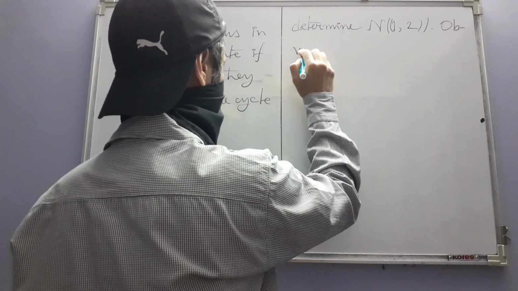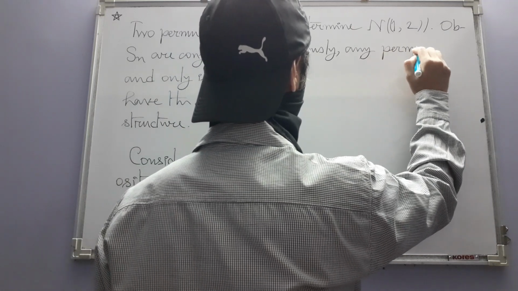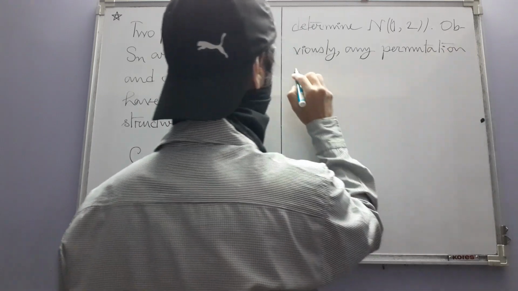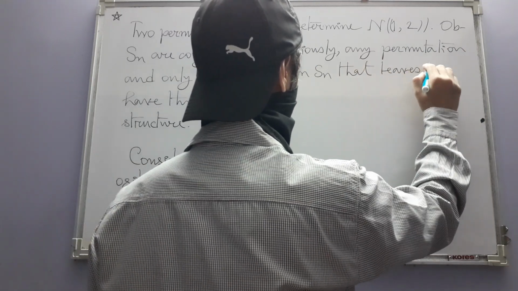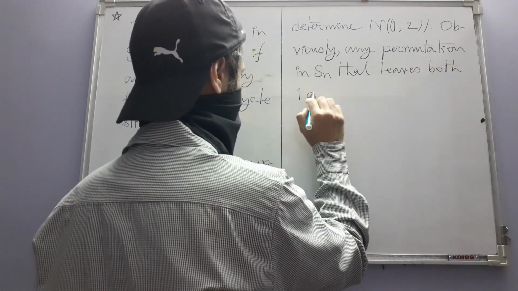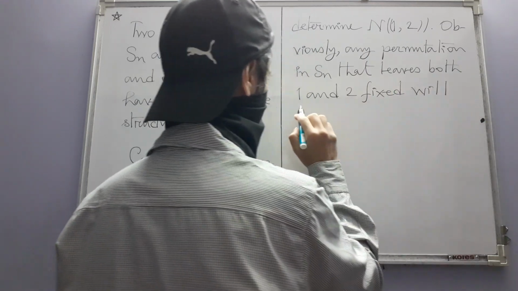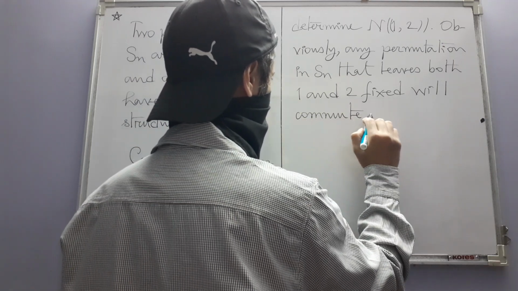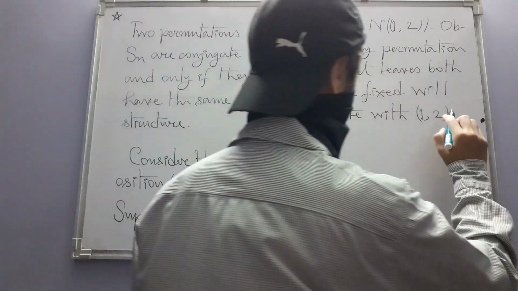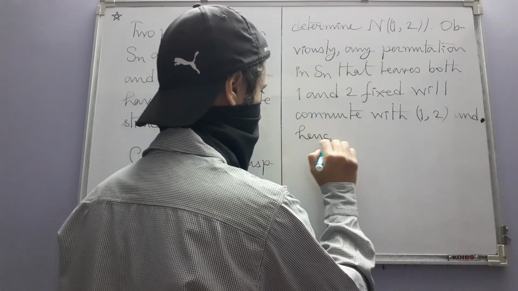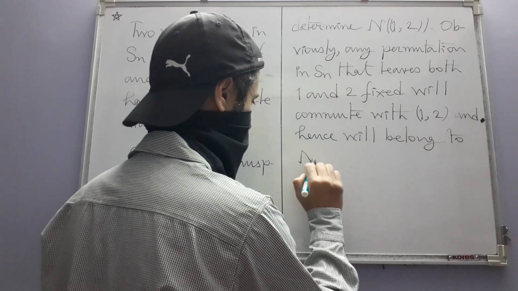Obviously, any permutation in Sn that leaves both 1 and 2 fixed will commute with this transposition 1, 2, and hence will belong to the normalizer of 1, 2.